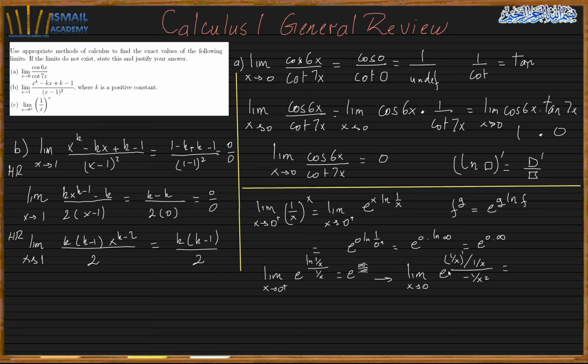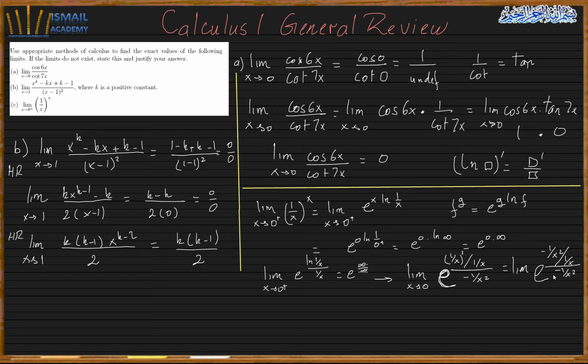All this is on the exponent of e. So this is prime, so it's going to be minus 1 over x squared, so the limit of e to the power of minus 1 over x squared, the whole thing over 1 over x, divided by minus 1 over x squared.